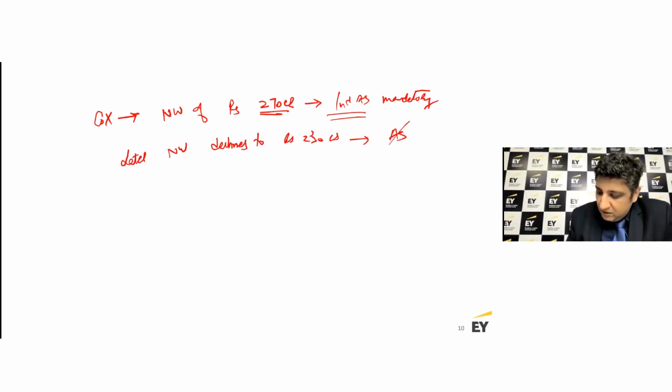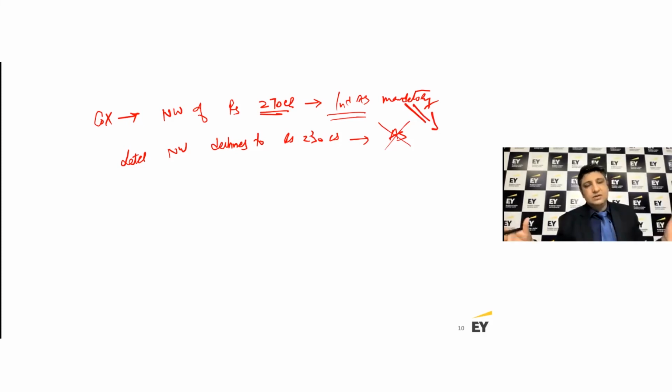Now you cannot go back and say that I'm not required to follow Ind AS. You are still required to follow Ind AS, because you were already falling within that categorization, and the decline in net worth does not entitle you to go back to the old AS.